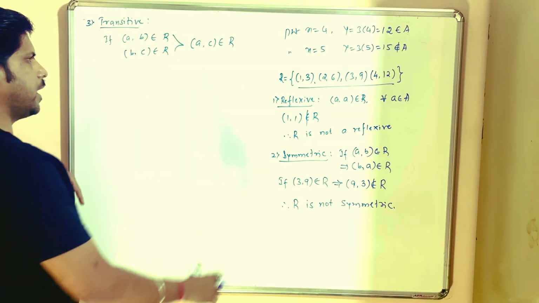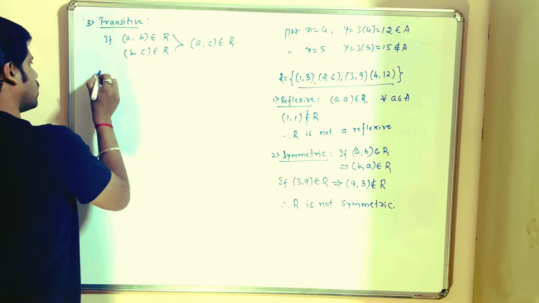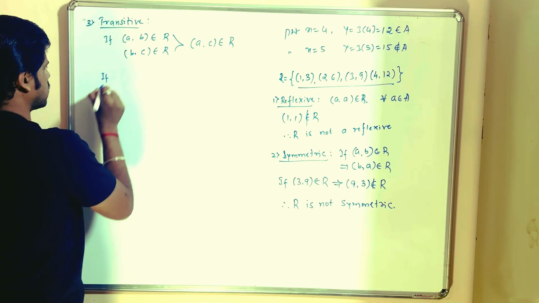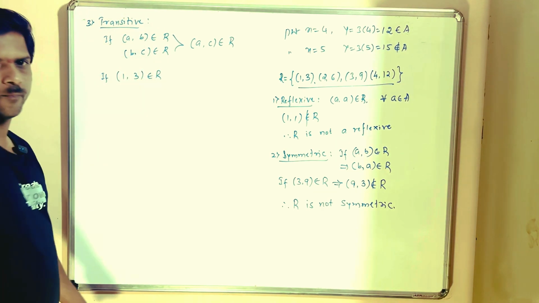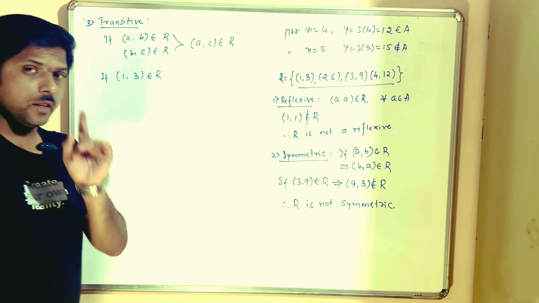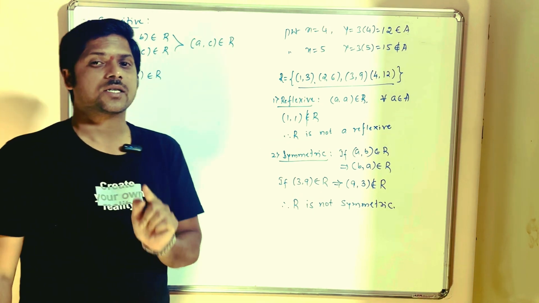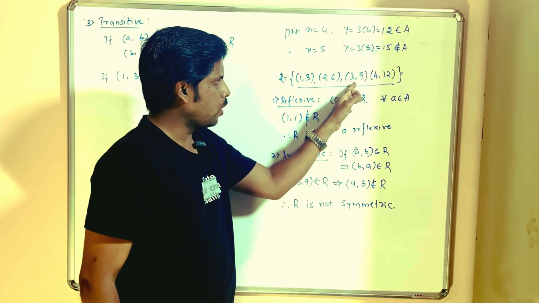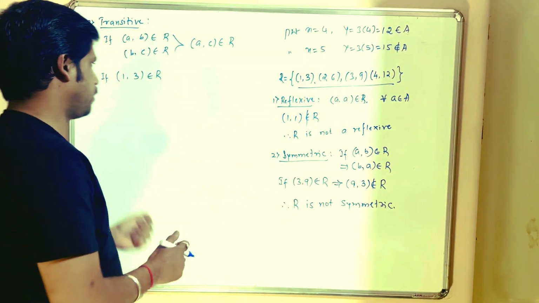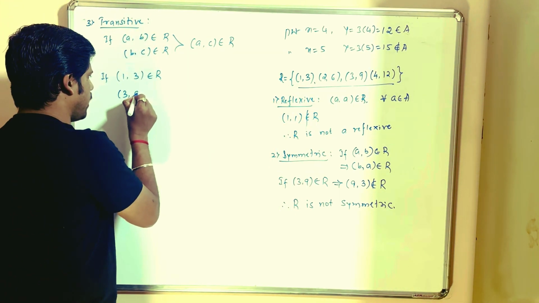So first I will consider any ordered pair. So I will consider 1 comma 3. If 1 comma 3 belongs to R, next what we have to do? The ordered pair which starts from 3, that only we have to choose. Here we have only one pair, that is 3 comma 9. So I will consider 3 comma 9.